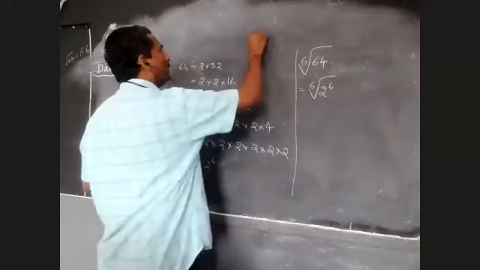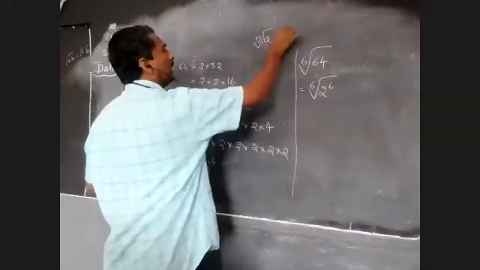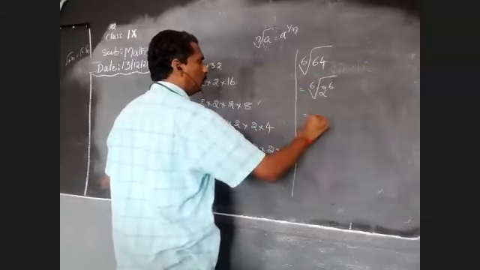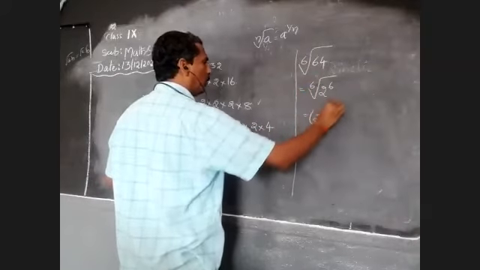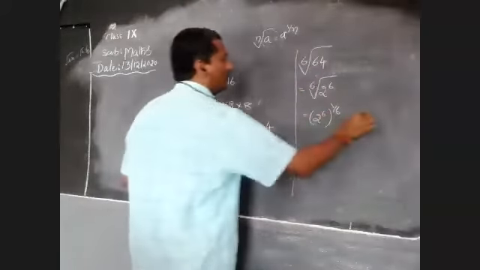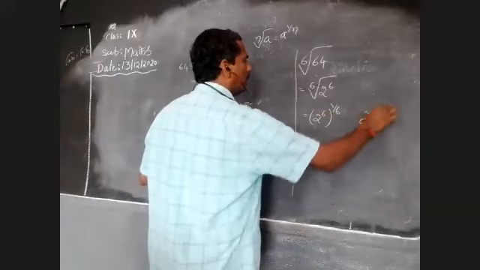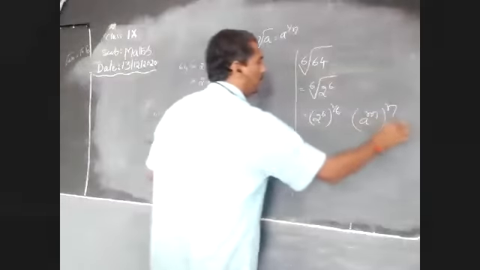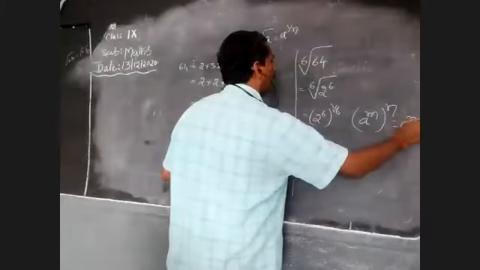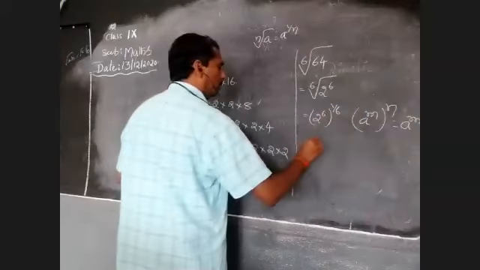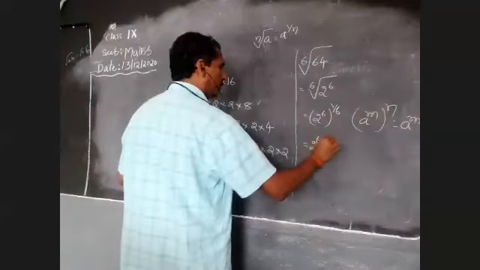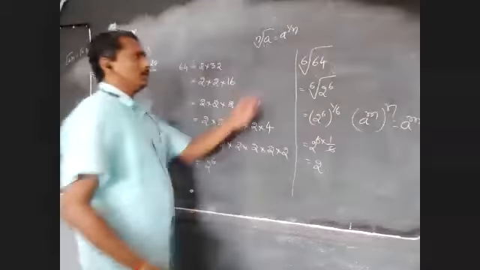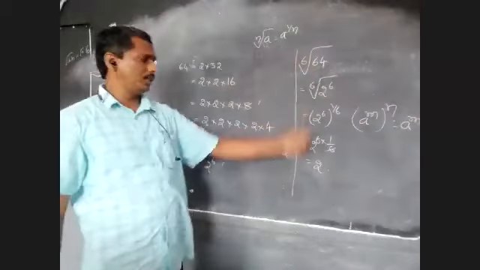The nth root of a can be written as a to the power of 1 by n. Then it can be written as (2 to the power of 6) whole to the power of 1 by 6. Which formula do we apply here? (a to the power of m) whole to the power of n equals a to the power of mn. Then 2 to the power of 6 into 1 by 6 cancels, which equals 2. The sixth root of 64 is 2.